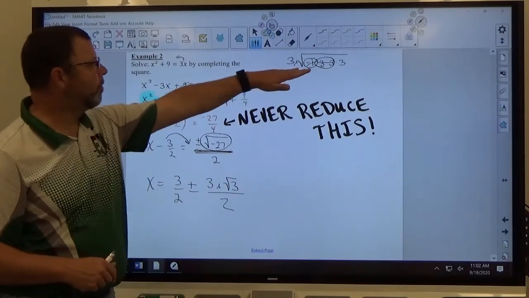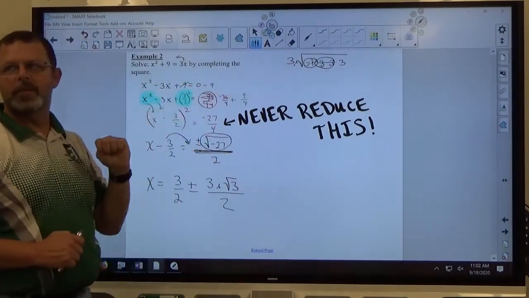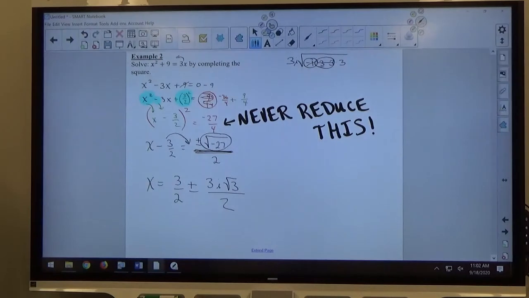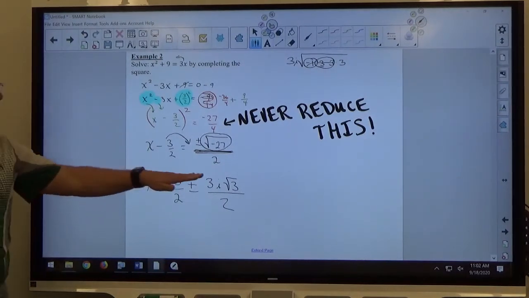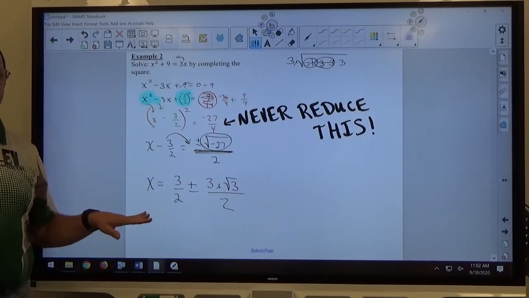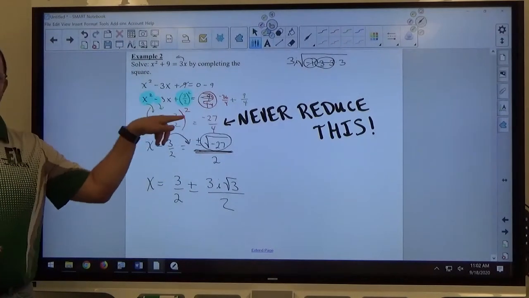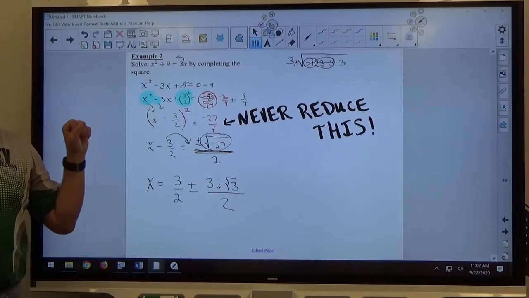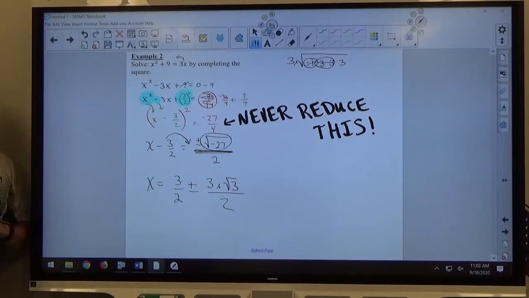Because that's how the square root of negative 27 simplifies. When radicals simplify, you should simplify them every single time. If either of these fractions reduce, by all means do it. That's the only place where you don't reduce the fraction. In fact, that's the only mathematical thing I can think of where reducing a fraction makes things worse for you. Almost every time reducing fractions is great. That's not one of those times.